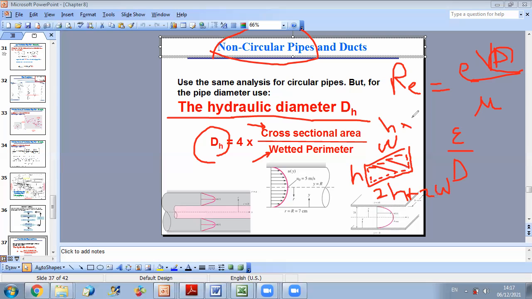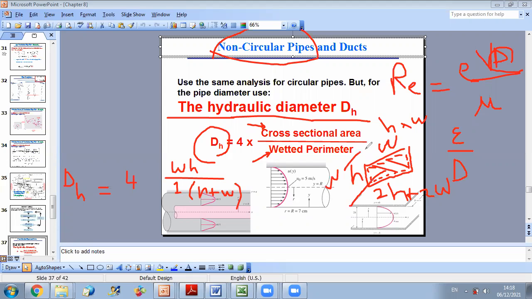So the expression of dh for a rectangular duct is 4 times w h over 2 times h plus w. Now, sometimes they say we have infinite plates. If we have infinite plates, this means that w tends to infinity.